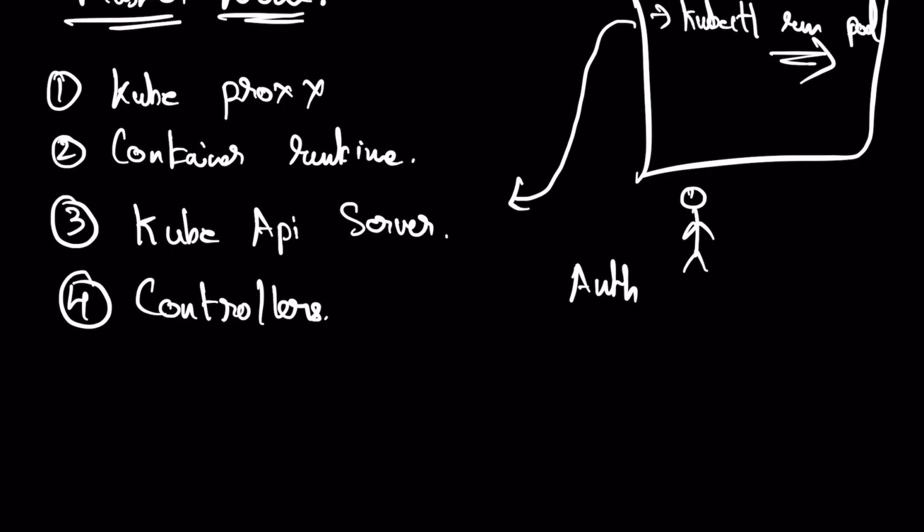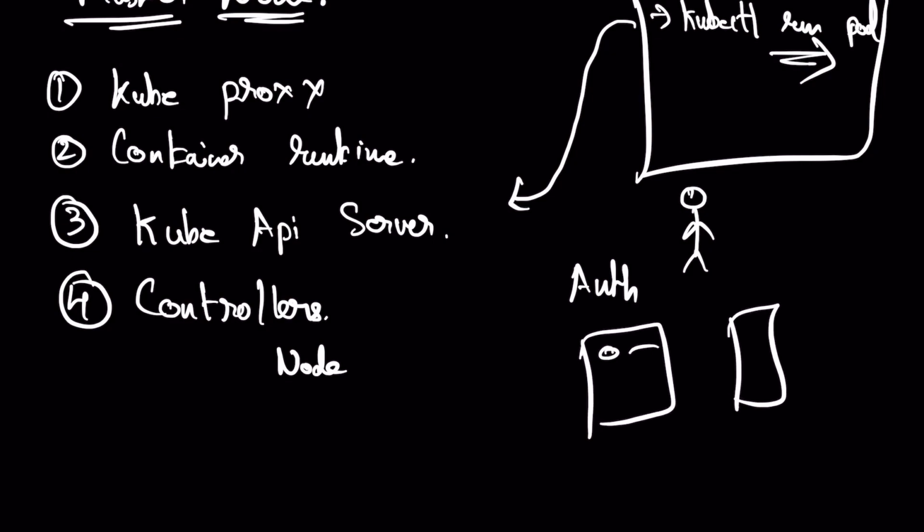For example, we have a node controller. What does it do? It is responsible for managing the nodes and keeping them active and in a ready state so that pods can be deployed on them. So a node controller is the one who manages or controls the nodes that are present in the cluster.